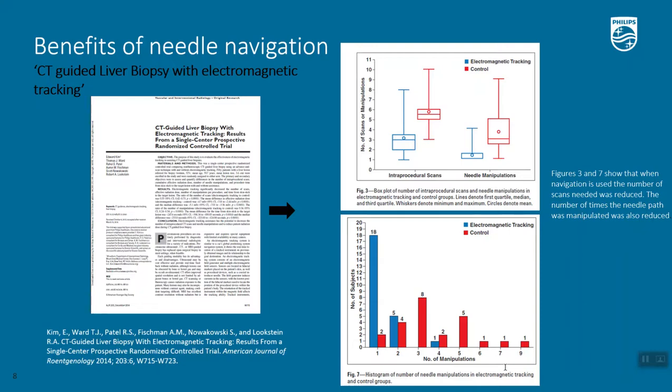Figure 3 and figure 7 indicate that by using needle navigation assistance, there is great potential to decrease the number of intra-procedural CT scans and the needle path manipulation. This can help to reduce effective radiation dose to the patient during CT-guided liver biopsy procedures.